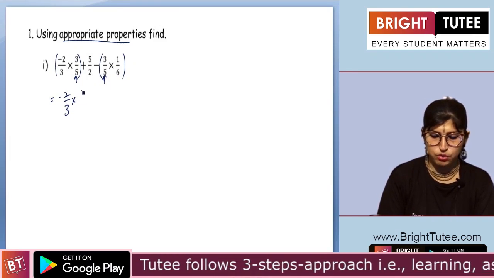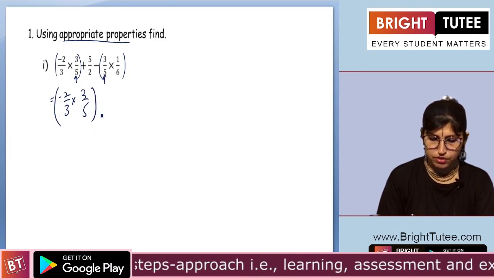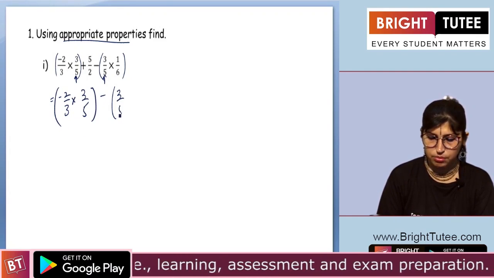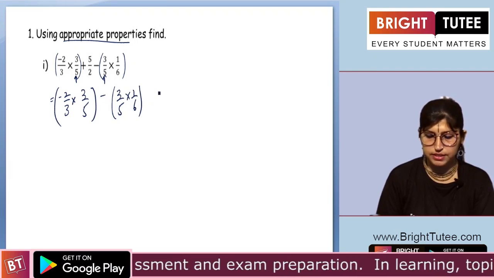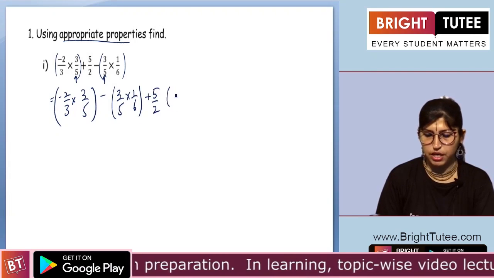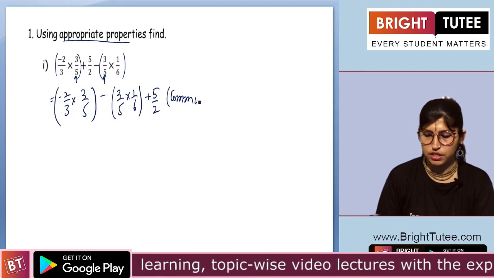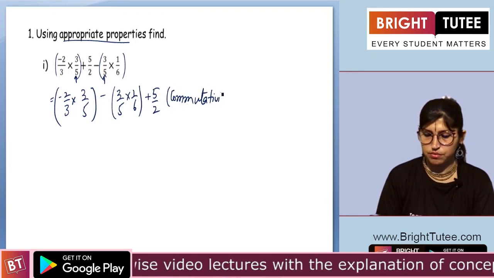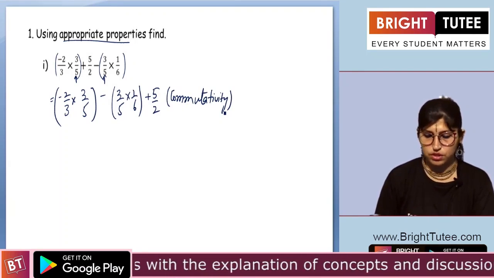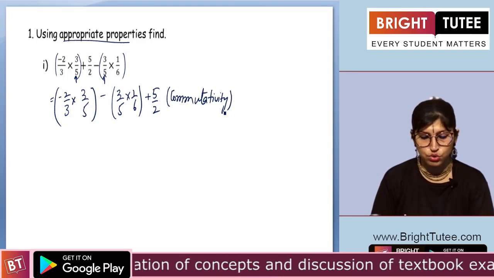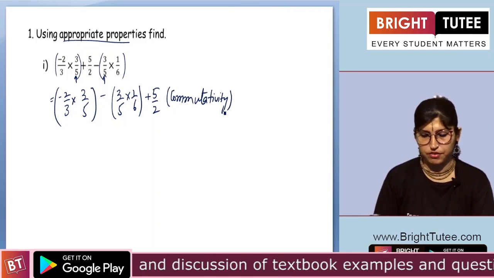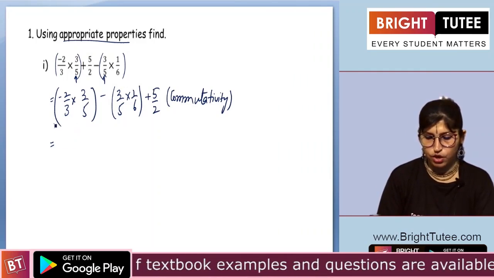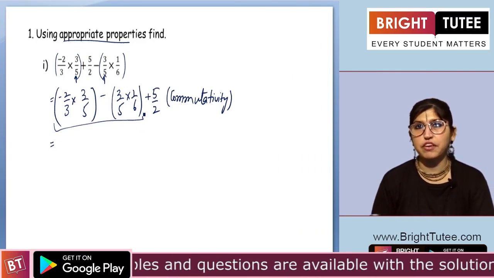We will be getting minus 2 by 3 times 3 by 5 minus 3 by 5 times 1 by 6 plus 5 by 2. So by commutativity, we shifted it to the side which is closer to 2 by 3 times 3 by 5. Now the next step will be, out of these two, we can take 3 by 5 common.